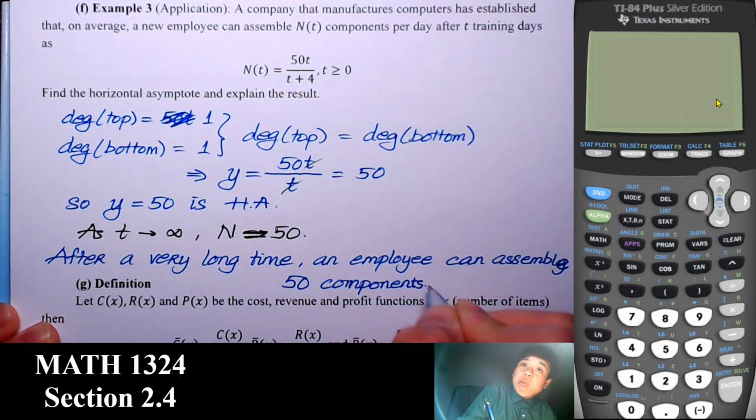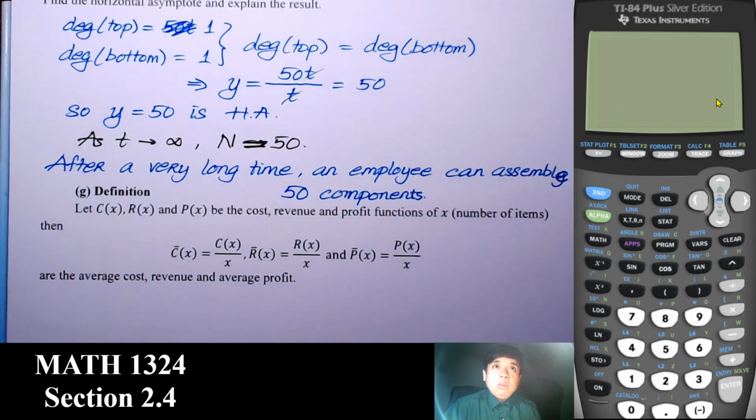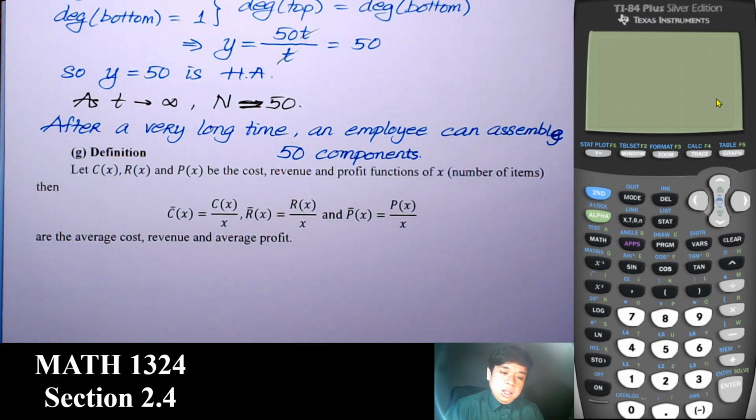So it doesn't matter how long the training goes, there's an upper limit for that. No matter how much training they have, the maximum they can assemble is 50 components. So after a long time of training, they can assemble 50 components. Right.